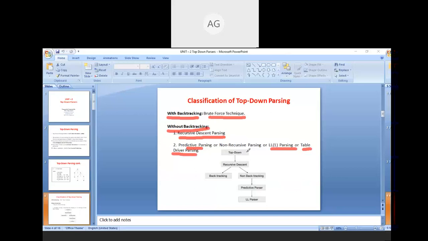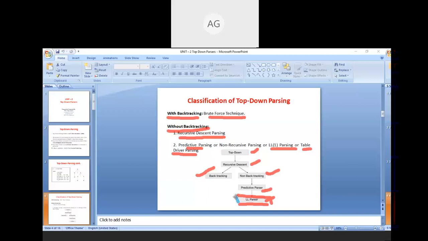So this can be shown with the diagram: a top down parser, then the recursive descent parser, which is divided into the backtracking form and the non-backtracking form. The non-backtracking form is also called the predictive parser, and from the predictive parser we can generate the LL parser. Our main aim is to generate the LL parser basically.